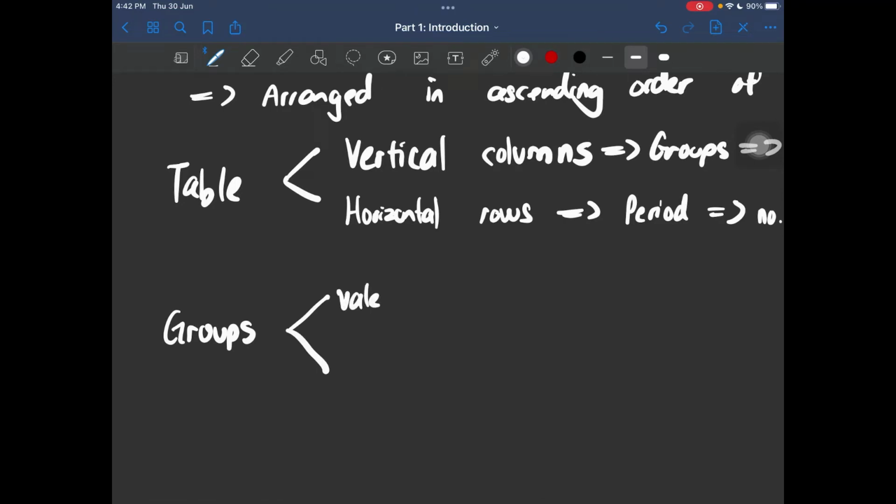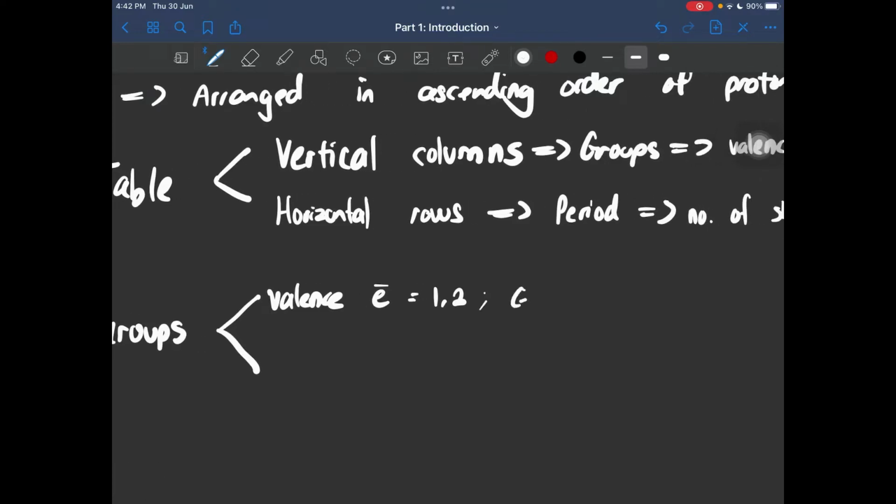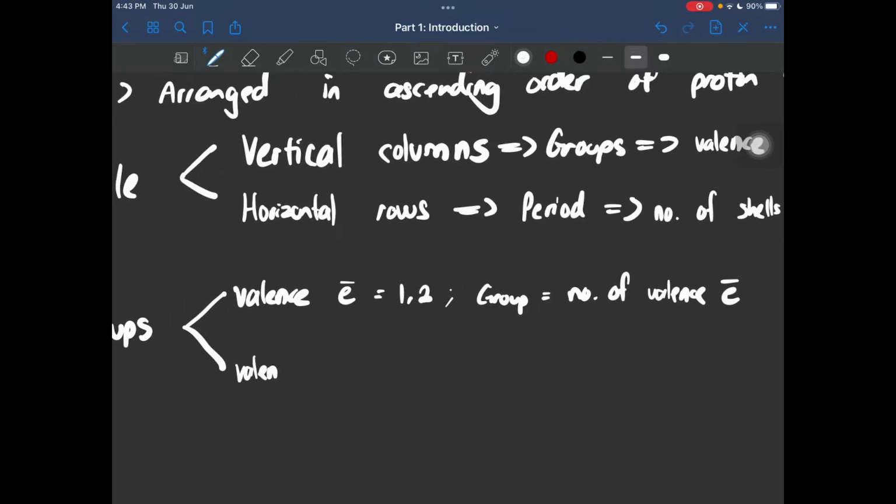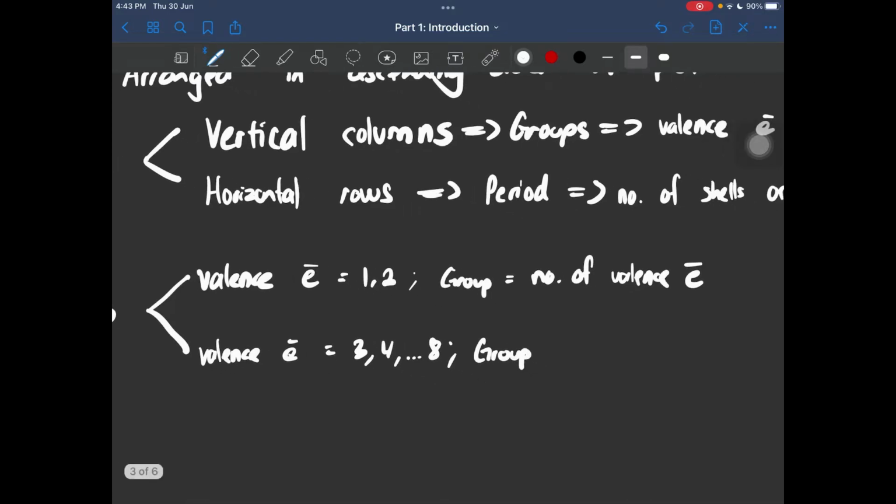If the valence electron is equal to 1 or 2, then the group would be equal to the number of valence electrons. However, if the valence electron is 3, 4, all the way up until 8, the group is not equal to the number of valence electrons.